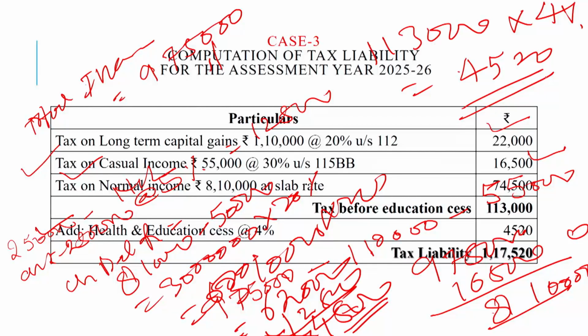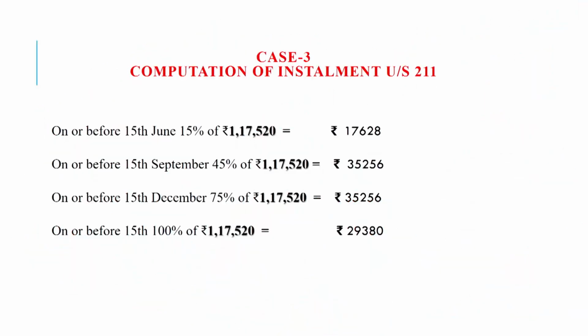So 1,13,000 plus 4,520 is 1,17,520. 1,17,520 is the total amount of the tax.